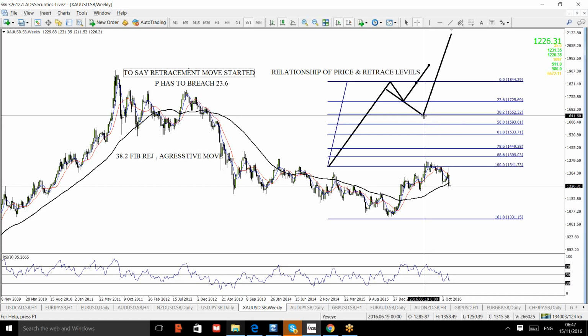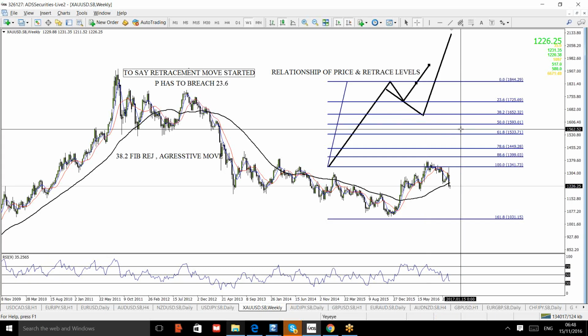Hence, they want continuation to the upside, and they straight away inject the money in and move the price away from 38.2 to the upside. So they don't want the retracement move to continue to the downside. Make sense, guys? This rejection and quick movement to the opposite side is an indication that institutions do not want the retracements to take place. Hence, they enter and quickly move the price to the upside.